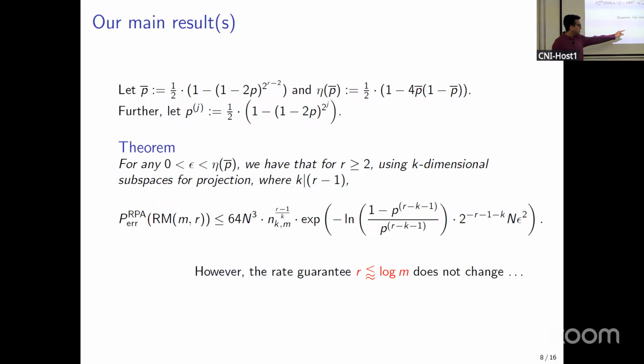Furthermore, I must mention that the rate guarantee that we obtain using higher dimensional subspaces is not at all different from the rate guarantee using one-dimensional subspaces. This is just a feature of our analysis. It is not a feature of RPA decoding at large. An important open question is: can we improve upon our analysis so that we can get significant benefits by using higher dimensional subspace projections?